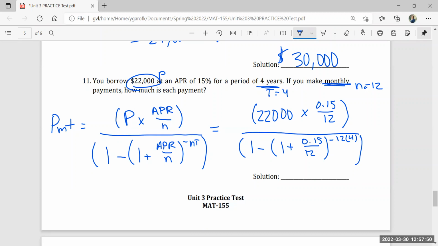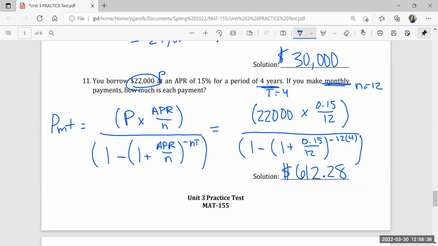When we carefully put this into our calculator, we are going to get a payment of $612.28 roughly.